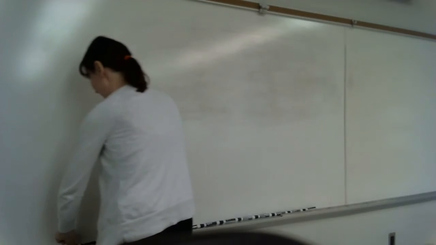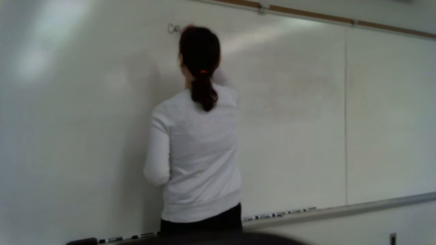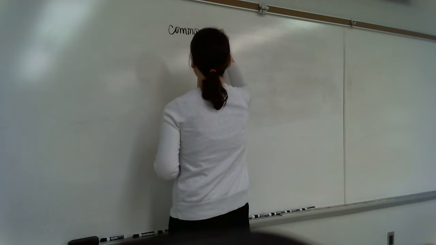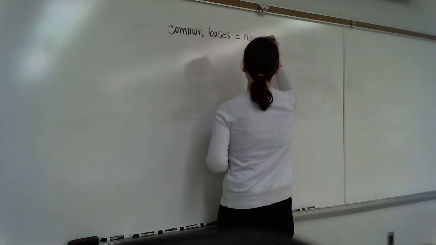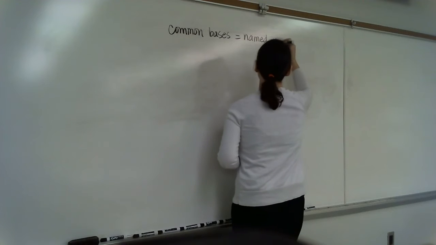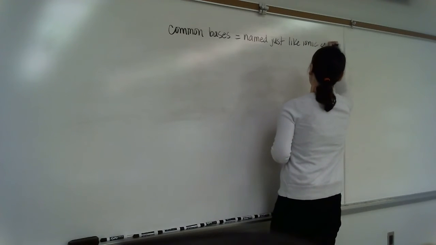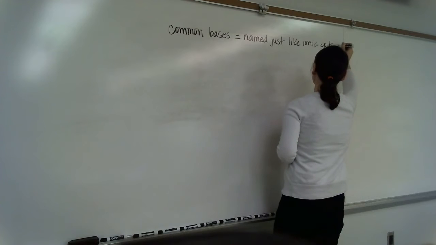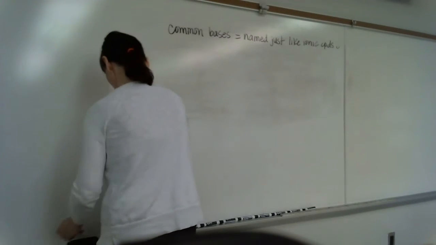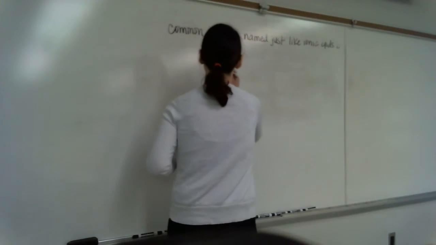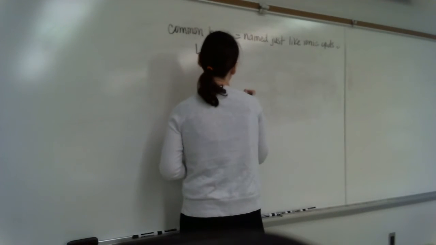Now for common bases, the nice thing about common bases is that they're named just like ionic compounds. Right, so that makes us happy. That's easy. No new rules to learn there. So for instance, LiOH, what's the name of that?